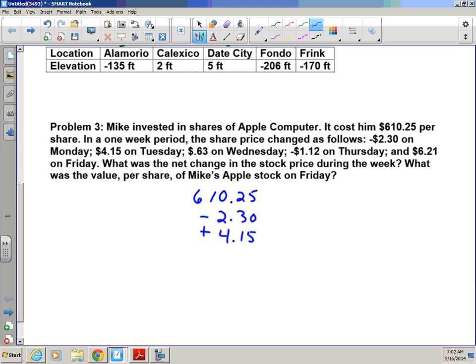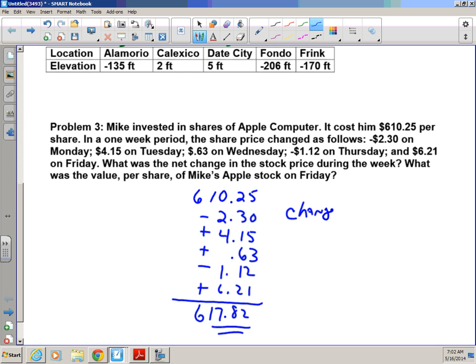That's a positive. He picked up 63 cents, lost $1.12, and picked up $6.21. So when you do that, 617.82 is what the stock was worth at the end of the week. Okay, and what was the change? The change in price was $7.57.